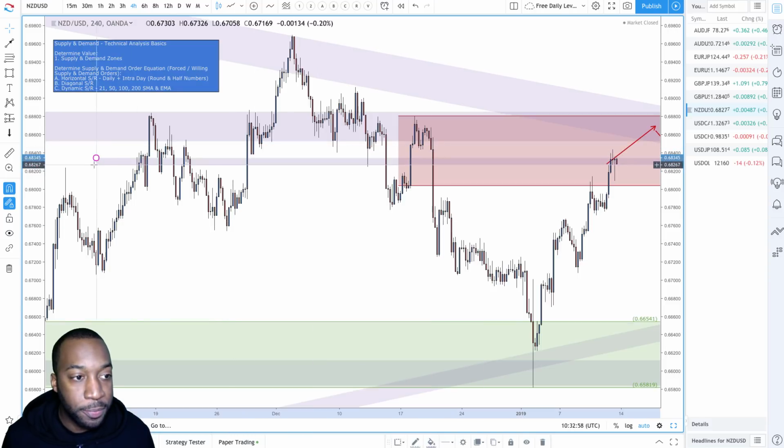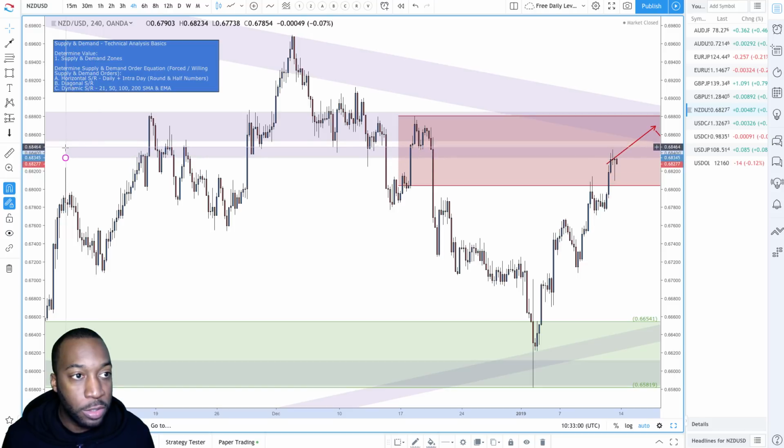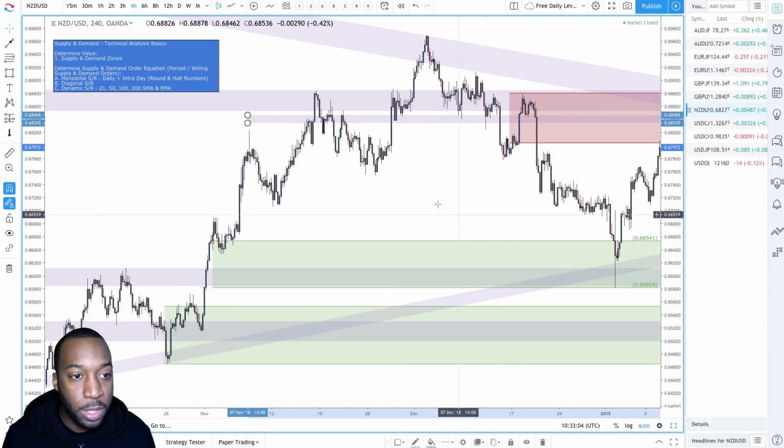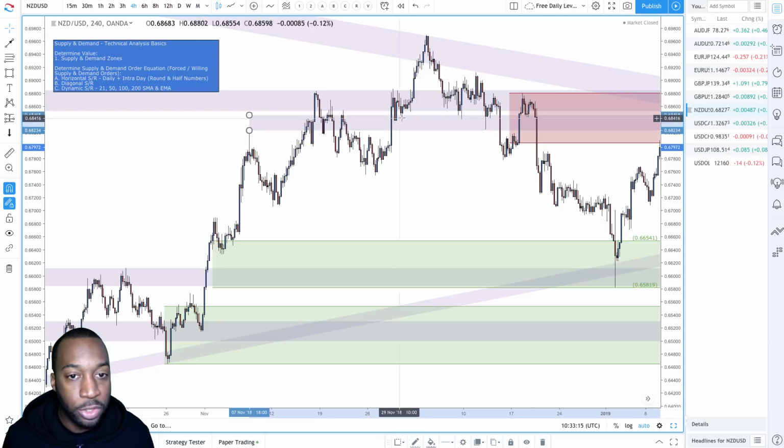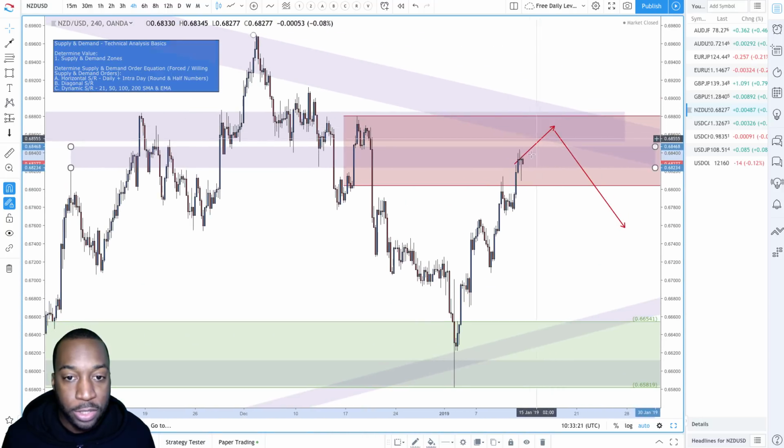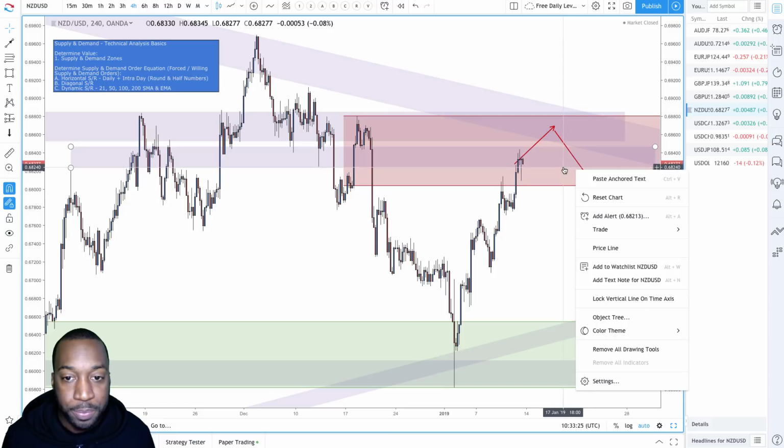If you were a 4-hour time frame trader looking to get short, then that's a decent area, though you may want to pull that down slightly. You've got a bit of resistance and support in that area, and then you can start to see prices reacting there.